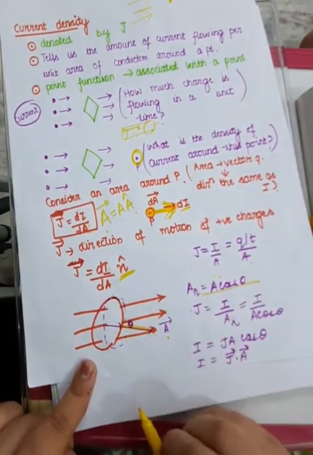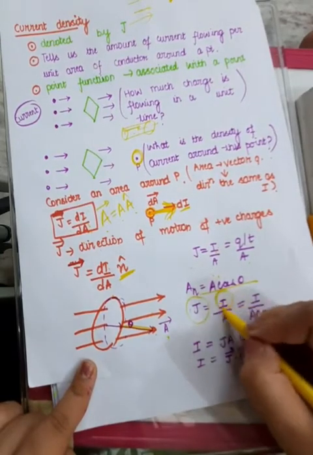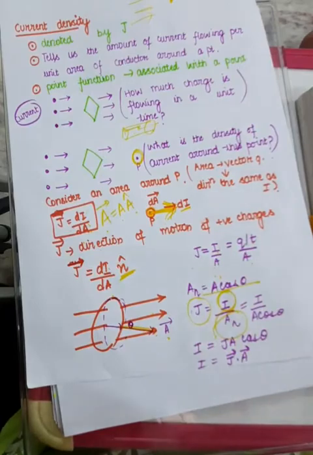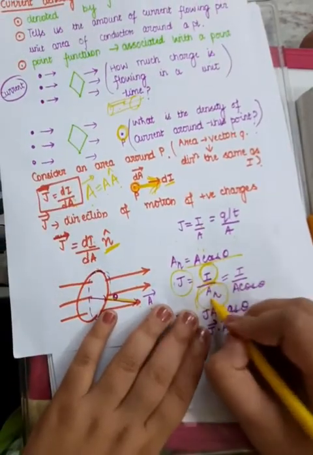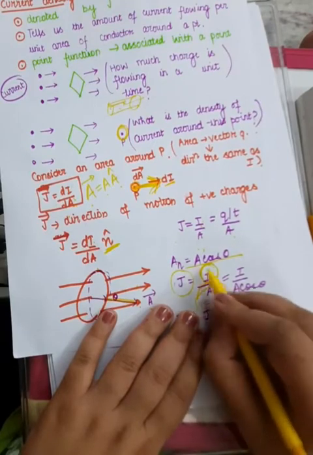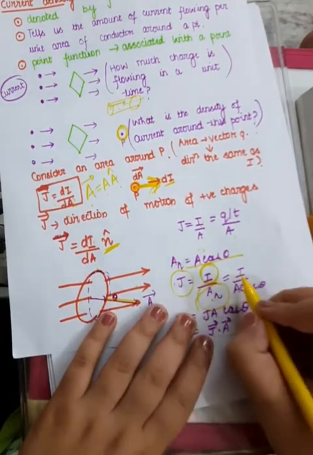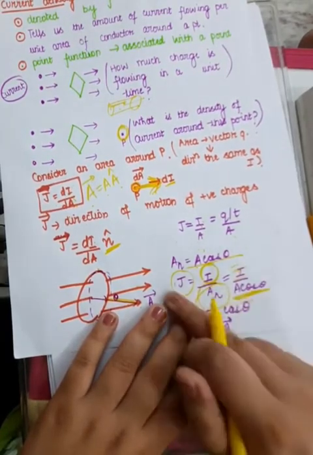You can resolve the vectors, and current density is equal to current upon the area through which the current is actually passing. So J is equal to I upon A_N, and A_N is equal to A cos theta. Keep the current over here and take this value over here.